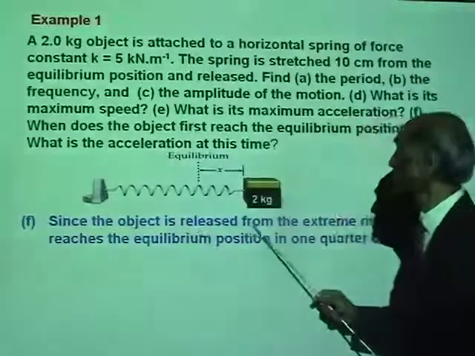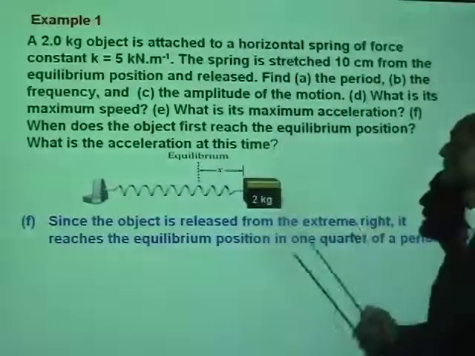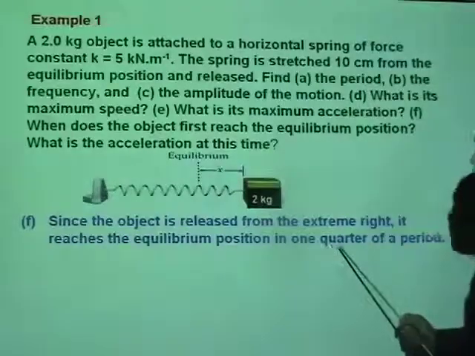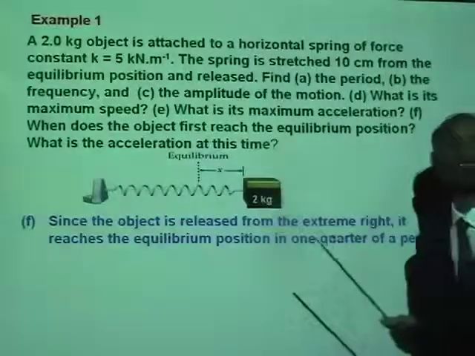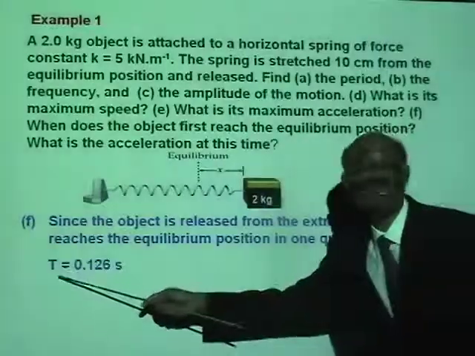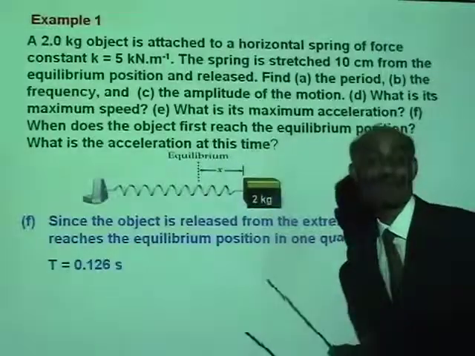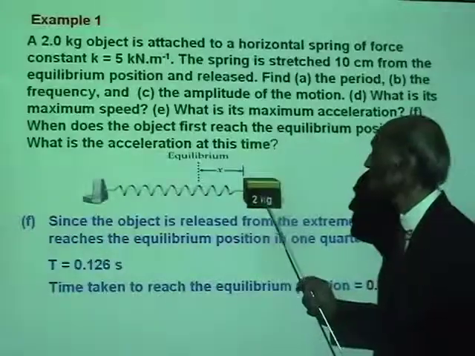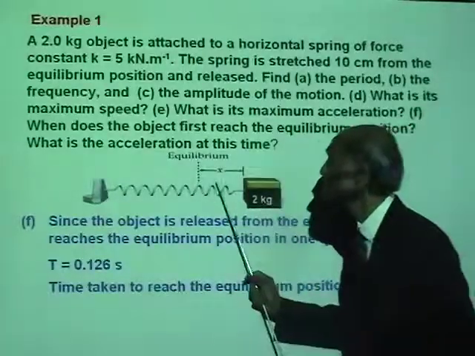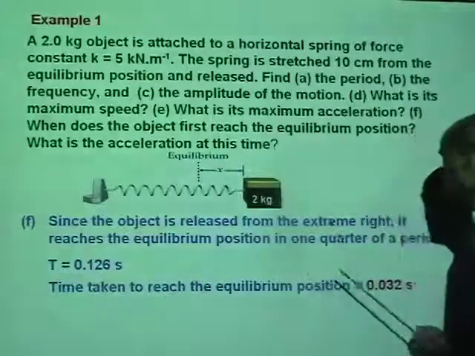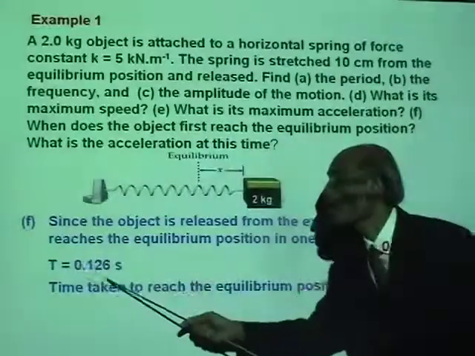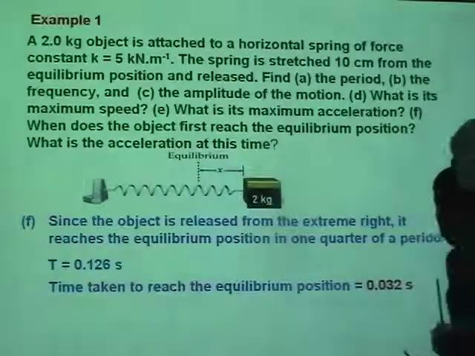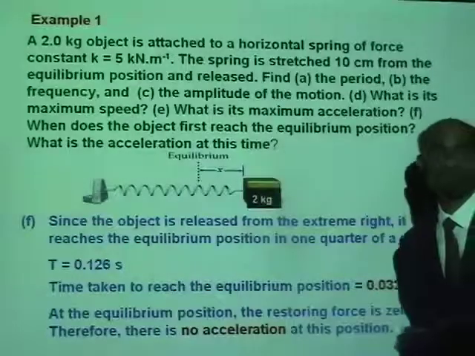Since the object is released from the extreme right, it reaches the equilibrium position in 1/4 of a period. And we calculated the period as 0.126 seconds. Therefore, the time taken by this object to reach the equilibrium position is a quarter of 0.126. That is 0.032 seconds.